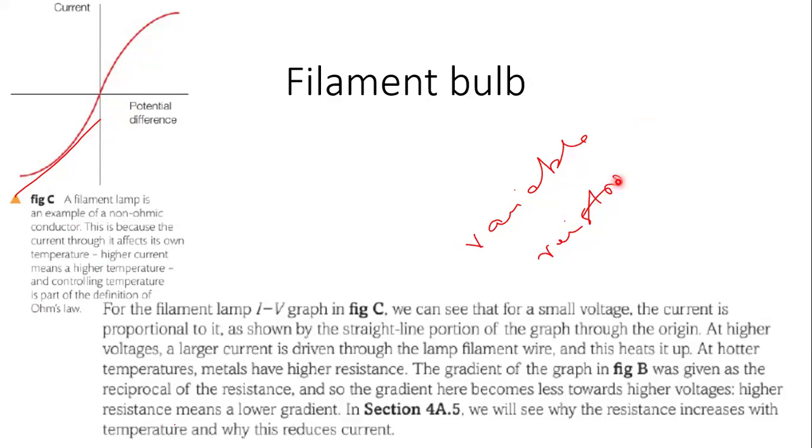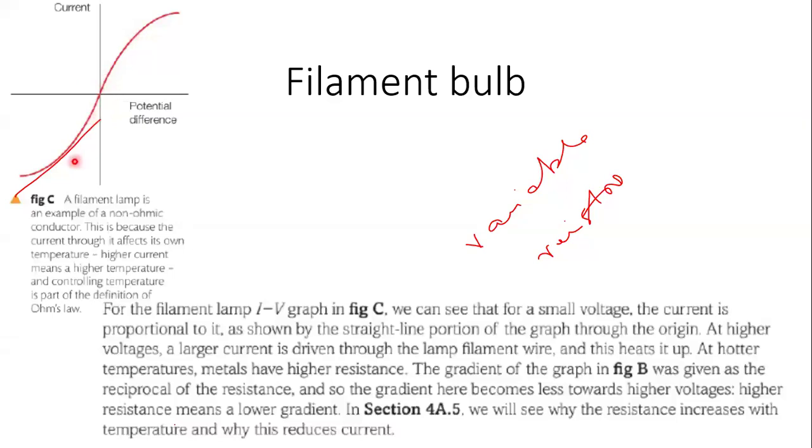Initially, you're going to see that it seems to have a sort of straight line going on, but as the potential difference continues to increase, the graph starts to become a curve, whether going up or down.